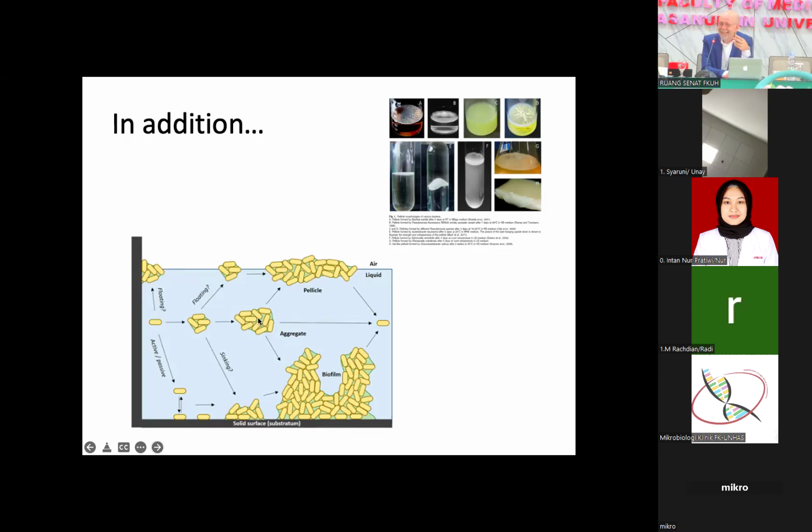There are even bacteria that can get loose from this, and then they start forming hydrophobic molecules, and then they become floating on the surface. And here you can see examples of this.